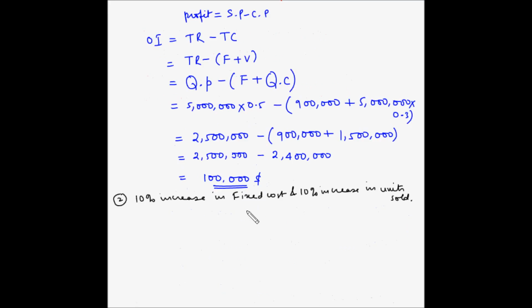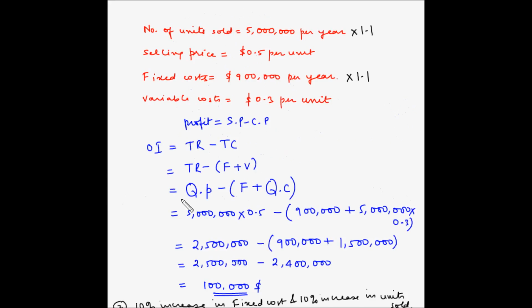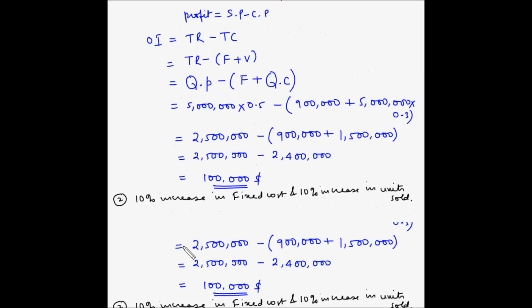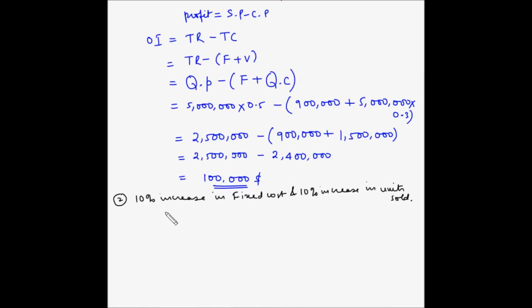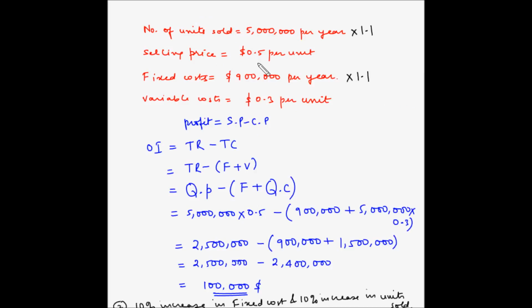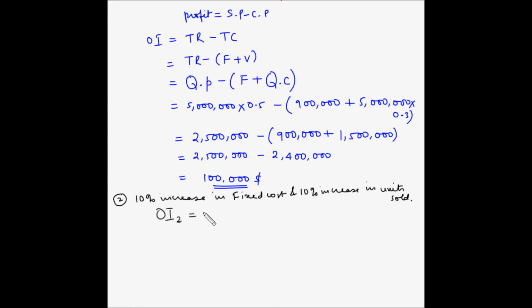The formula for operating income remains the same, which is Q multiplied by P minus F plus Q multiplied by C. So let's plug in the numbers here, and we'll call this operating income 2. So Q is now 5 million multiplied by 1.1. So 5 million multiplied by 1.1.